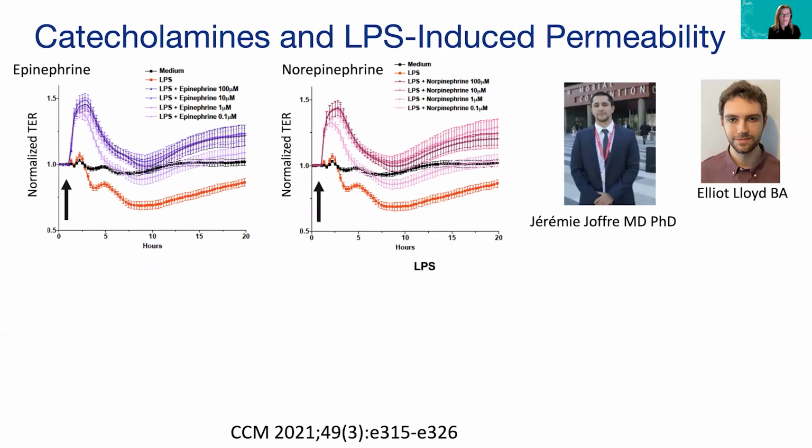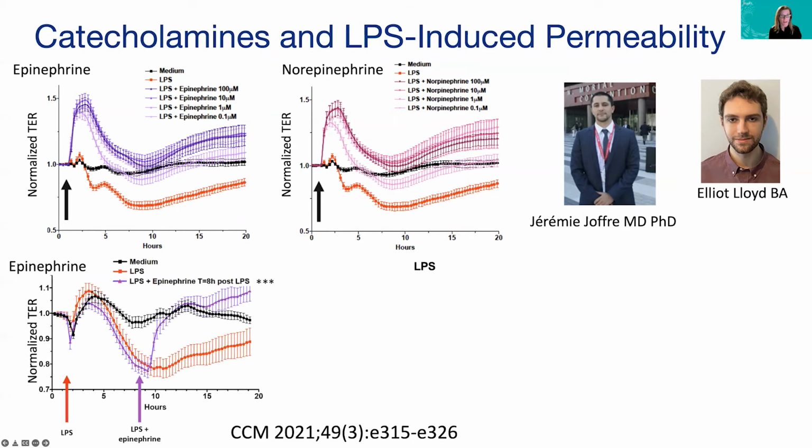He tested the effects of catecholaminergic and non-catecholaminergic vasopressors on endothelial cell permeability induced by LPS. He found that epinephrine and norepinephrine completely reversed LPS-induced endothelial permeability. Furthermore, even if epinephrine was delivered long after the onset of LPS-induced permeability, it reversed the permeability.